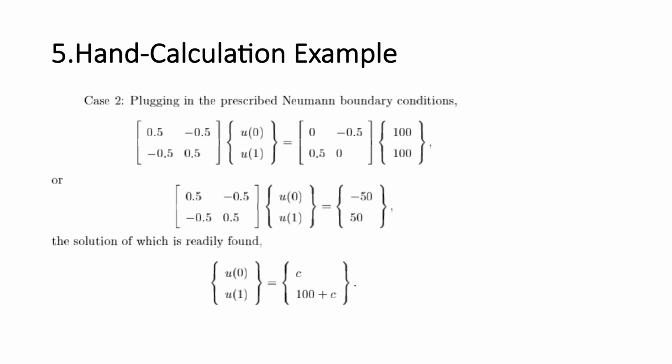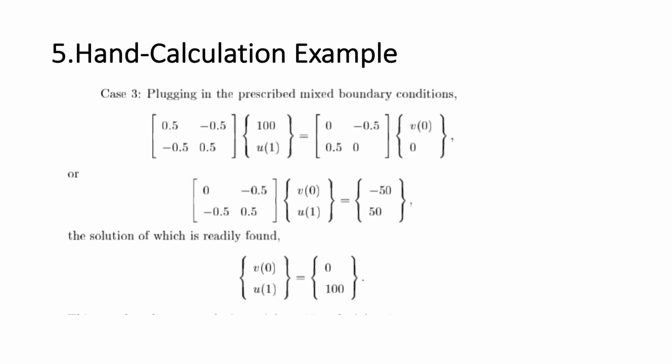We also set it up into a matrix form, and solving the matrix, we also get this solution. We repeat the same process for case 3, mixed boundary condition, set this into matrix form, solve the matrix, and we obtain this solution as well.